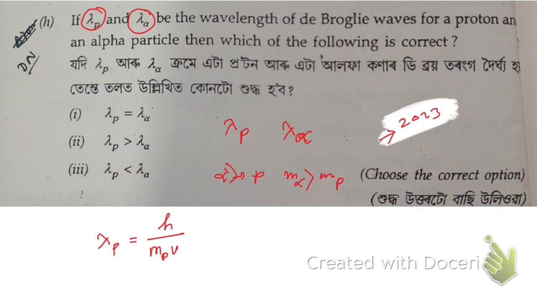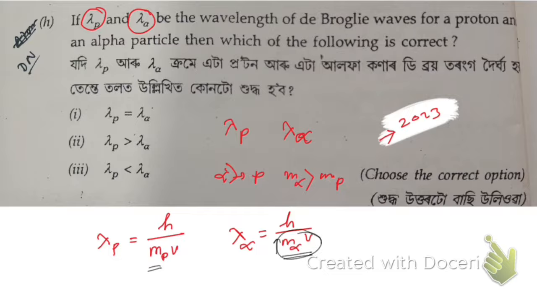Okay, similarly the wavelength of alpha particle will be given by Planck's constant by mass of alpha particle into velocity. So here you see, as the mass of alpha particle is greater than this, its momentum will be greater.